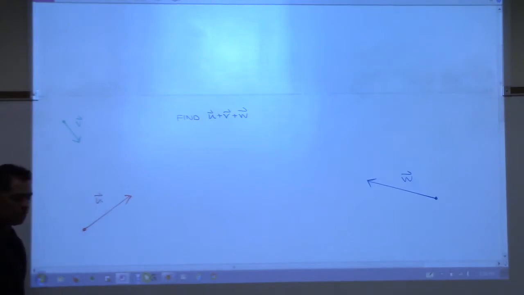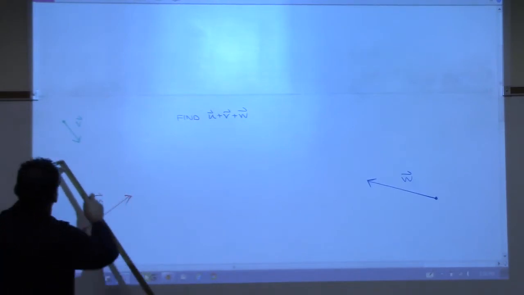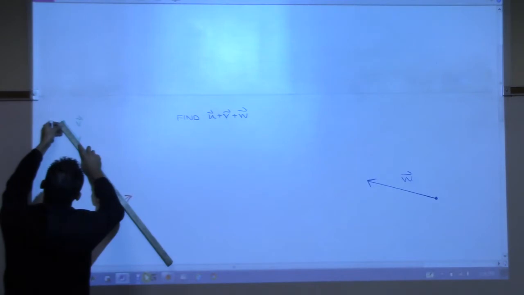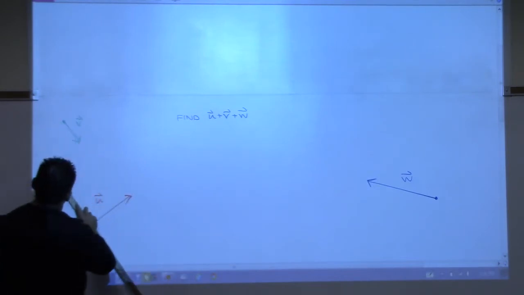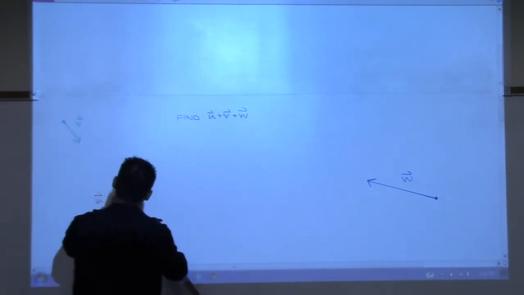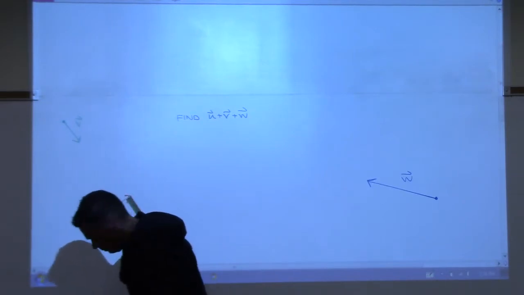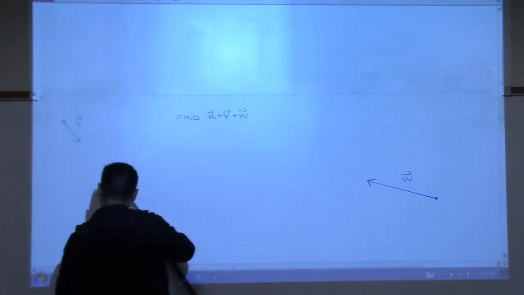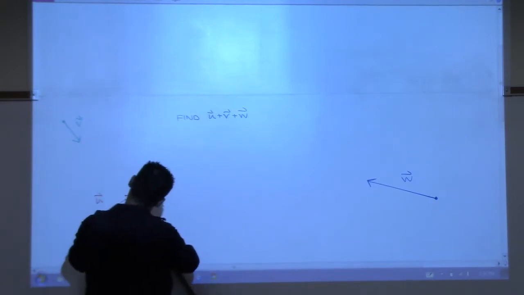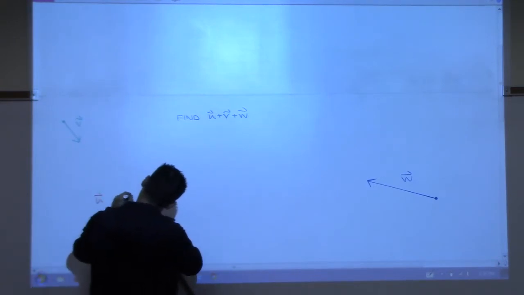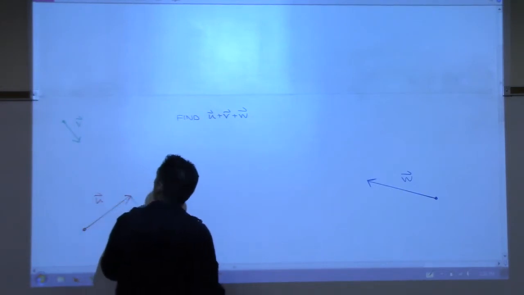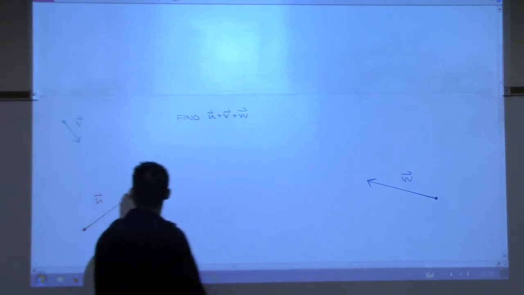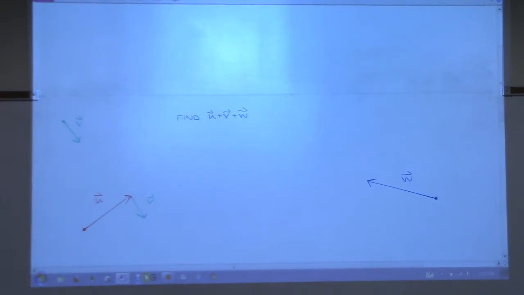And I need to make sure I do this in a way that I don't lose the angle here. So down, over, I think I'm pretty close right there. Close enough. Maintain the length and the direction. There is v. I look short.